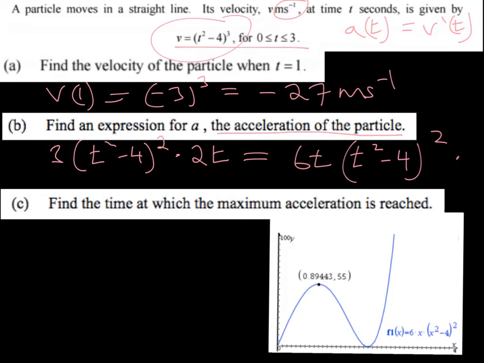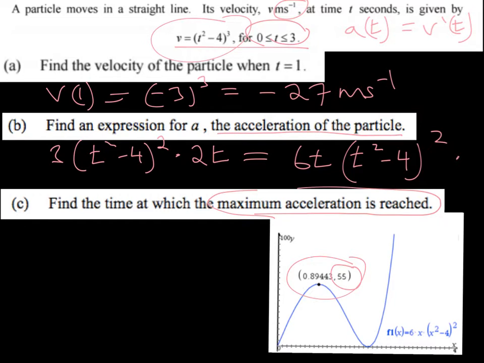So you can see from the graph then that there is a readily identifiable maximum point here where t equals 0.89, and we've got an acceleration of 55. However, in this instance, the question asks us to find the time at which the maximum acceleration is reached, and we're given a domain up here of t between 0 and 3.